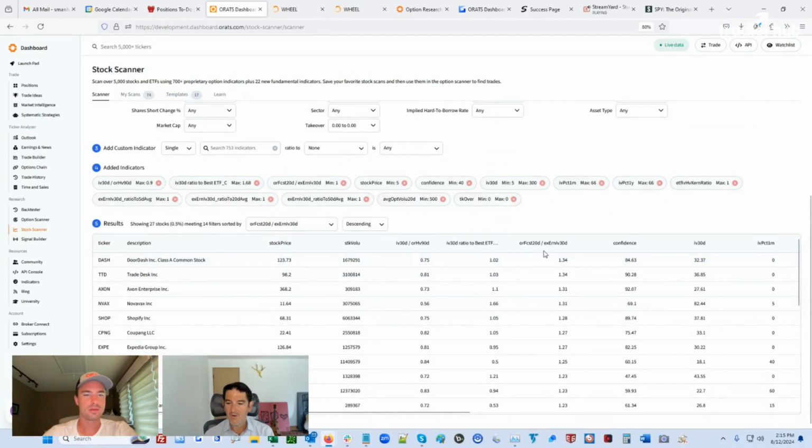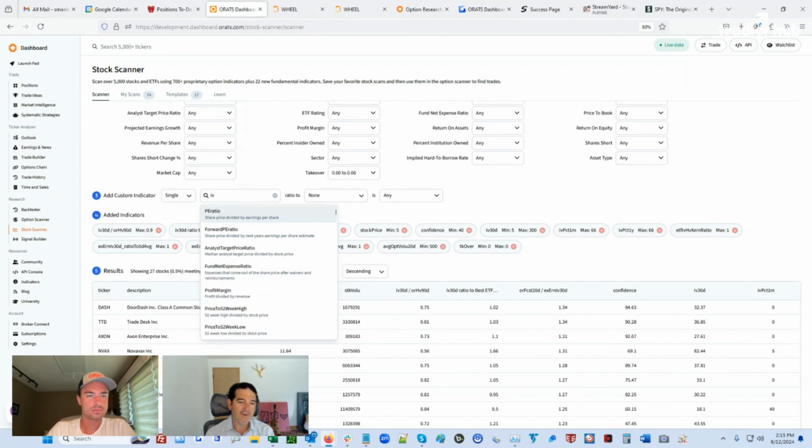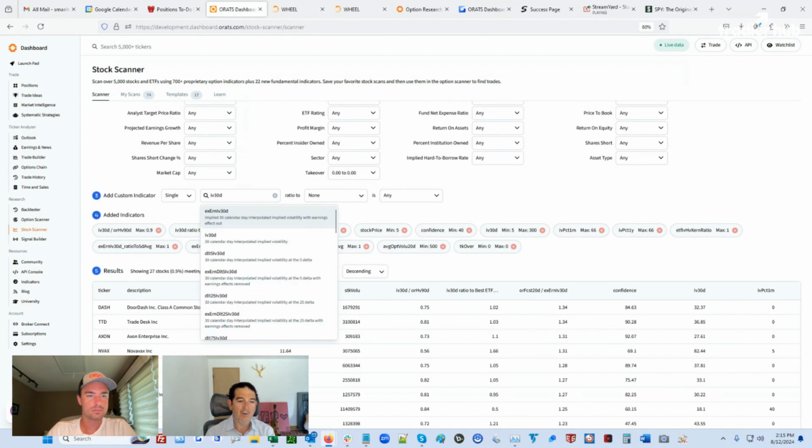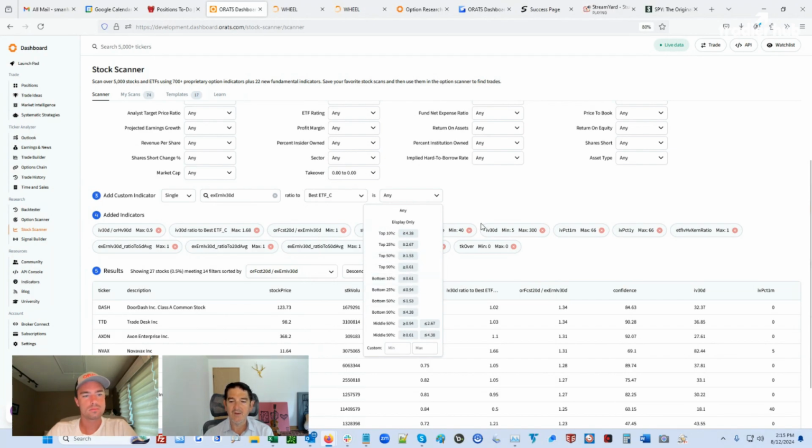Yeah. And so the way that that's set up is it's the IV30 in this case, and I would use X earnings ratio to the best ETF. And you'd say you want that min or max. So the top ones are over and the bottom ones are under. And it just depends on how much.